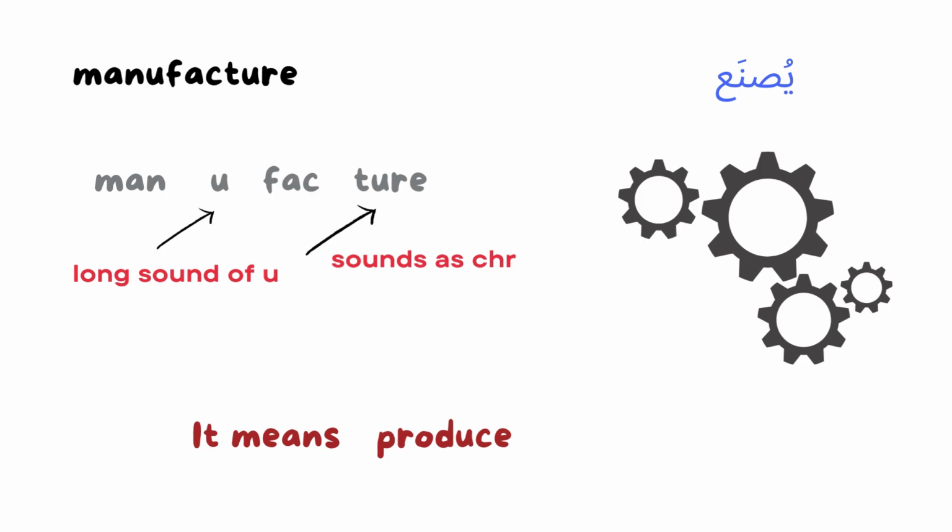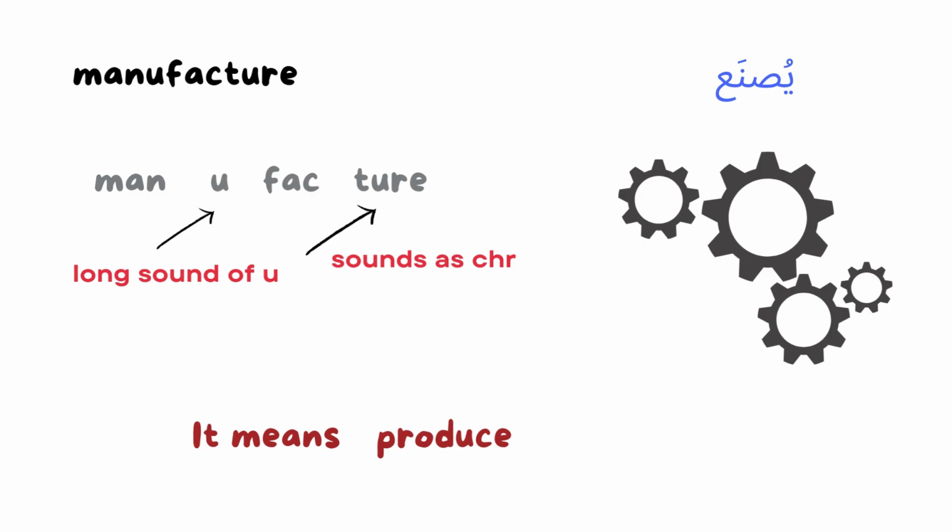We have man, then you. It is pronounced like the letter U, so the long sound of the letter U. Man, you, facture. We have the last syllable, which is T-U-R-E, pronounced as chur. So manufacture means produce. Okay.